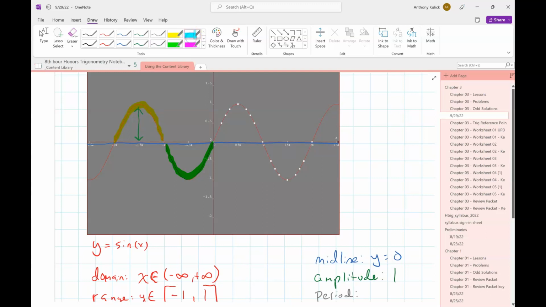Maybe we'll do blue. And then there I would start going again. Would repeat. You guys all agree with that? So this horizontal distance is the length for one period. How far is that? Yeah, very good. So we start at 0, we ended at 2 pi. So that period is 2 pi.